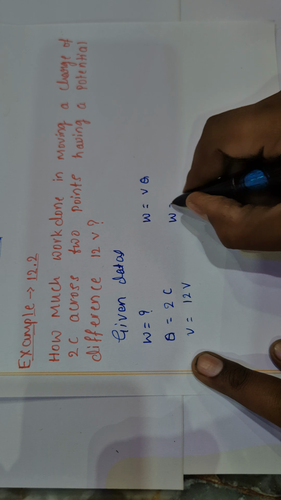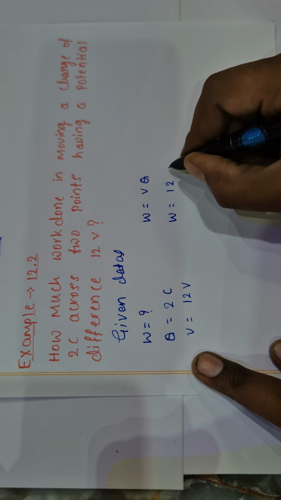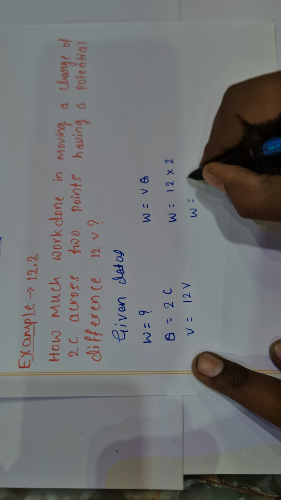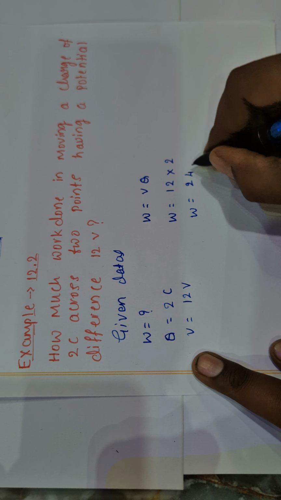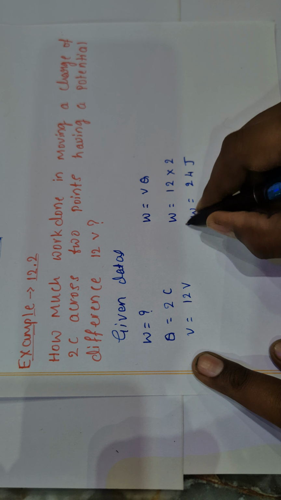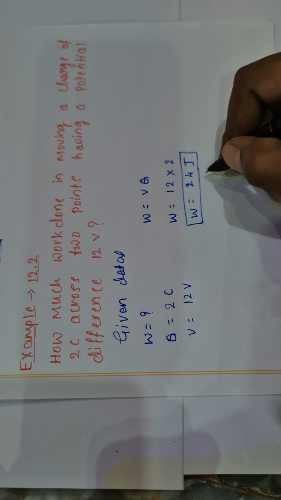W is equal to 12, V the potential difference, into 2. So 12 2s are 24. And work done we always represent in the SI unit joule. The work done is 24 joule.